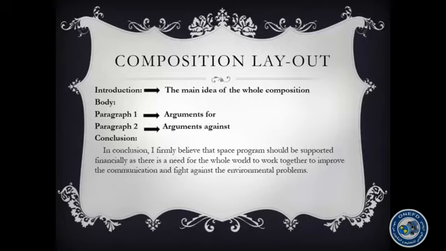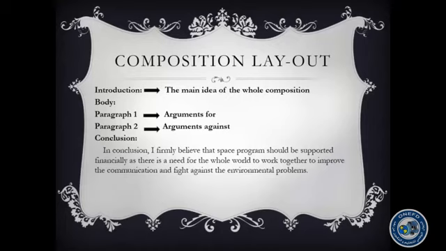Okay, so this layout is called a block pattern type of organization for the argumentative text. In the block pattern, you have the general organization: the introduction and the conclusion, but in the body you have 2 parts or 2 blocks.